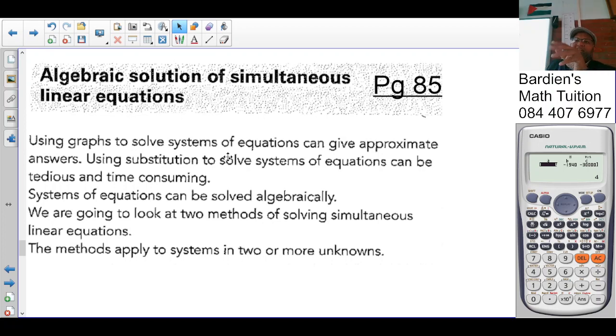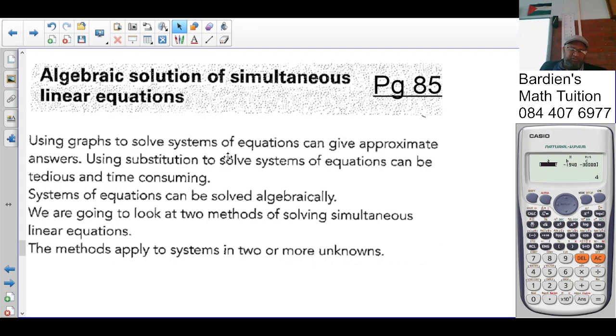The downfall is that if the graph is not drawn to scale, if your scale is out a bit, then your point of intersection could be out. However, if you do it algebraically, it's more precise. This is the accurate answer. And besides that, drawing the graph every time is time consuming. Do you guys understand?